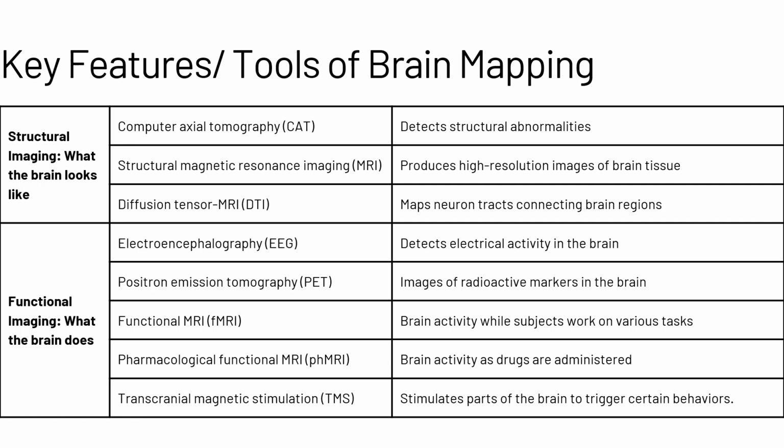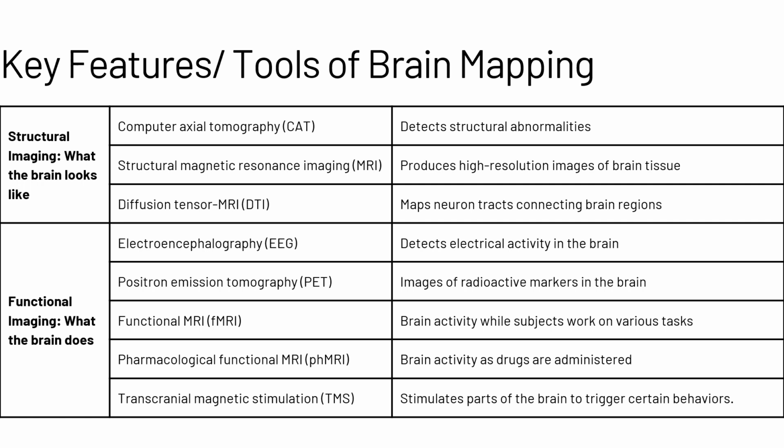Structural tools include CAT scans, or computer axial tomography, which use X-rays to reveal physical abnormalities; MRI, or magnetic resonance imaging, which produces highly detailed images of the brain anatomy using magnetic fields; and diffusion tensor MRI, or DTI, which traces how water moves through the brain tissues to map neural pathways.